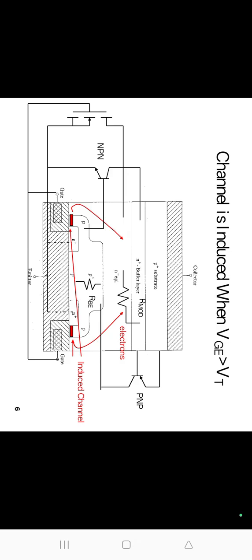Therefore, T2 also turns on. The collector of T2 is the base of T1. Thus the regenerative loop begins and a large number of carriers are injected in N minus drift region. This reduces the on-state loss of the IGBT just like BJT. This happens due to conductivity modulation of N minus drift region.